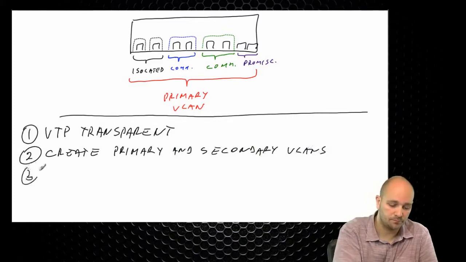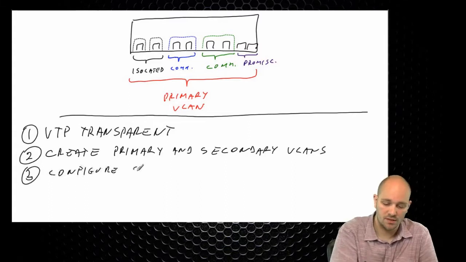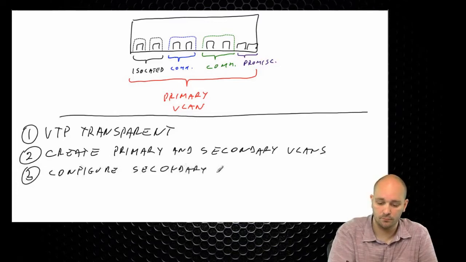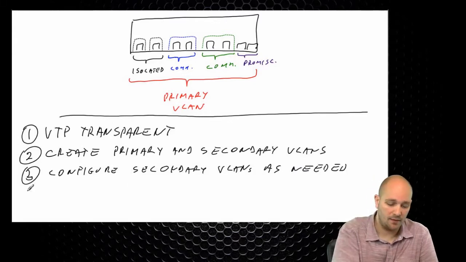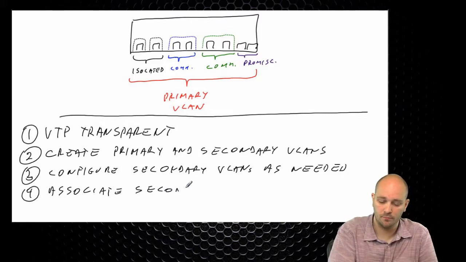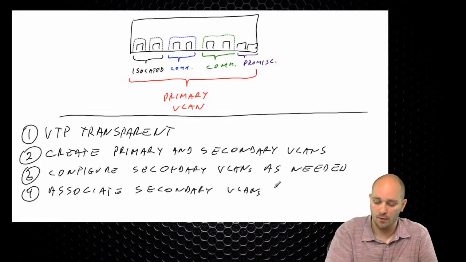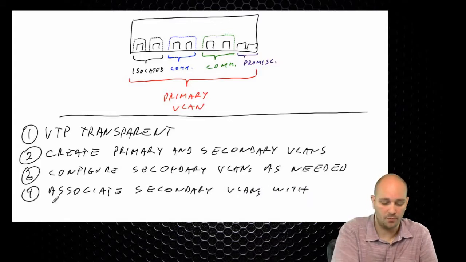Configure secondary VLANs as needed. And then associate secondary VLANs with the primary one.